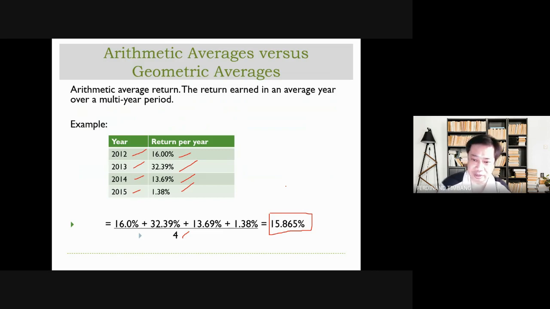So even if the return for 2012 is 16, 2013 is 32, 13.69 for 2014, and 1.38% for 2015, if you are asked for the average return, the answer would be 15.865% per year. Kasi nag-vary siya actually. But since you are asked for the arithmetic average, the average would be 15.865%. So the assumption there is that per year you are earning 15.865%.